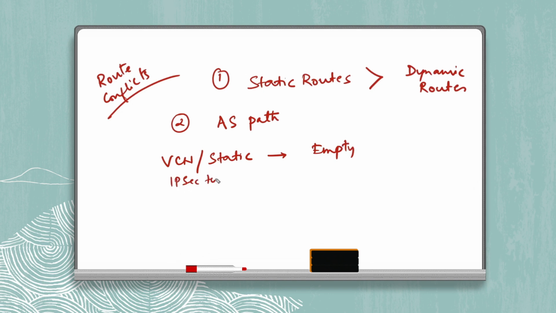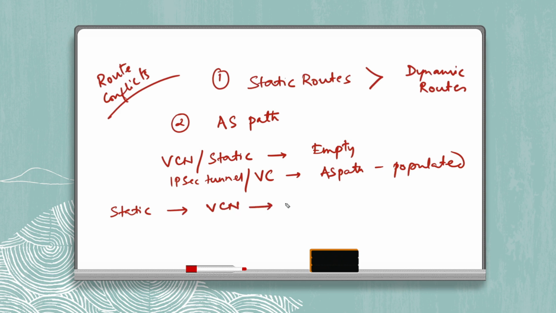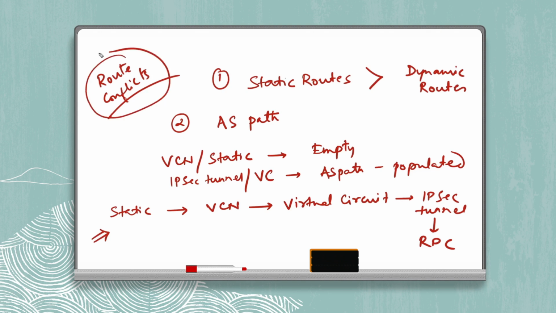For IPsec tunnel and virtual circuit, the AS path will be populated. So in terms of priority, first it is going to be static. After that, VCN, then virtual circuit. After that, we have IPsec tunnel. And finally, there is remote peering connection. Now, this is the priority in case there are route conflicts.